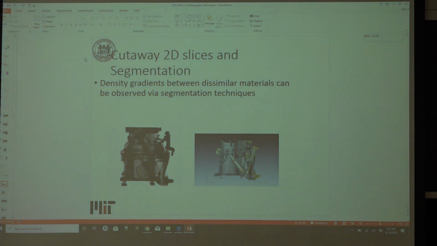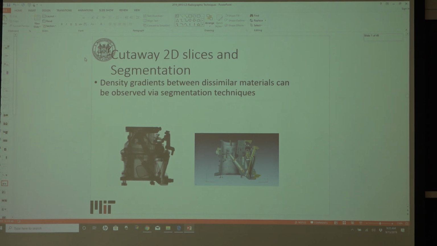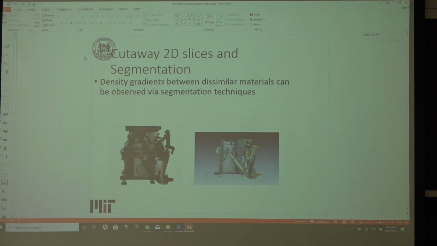The thing that is used quite a bit in industry is this technique for reverse engineering of components. You're able to do what's called segmentation. If you have dissimilar metals or non-metallics in contact with metallic components, and you know the approximate densities of those materials, you can set thresholds and color code the output based on density.